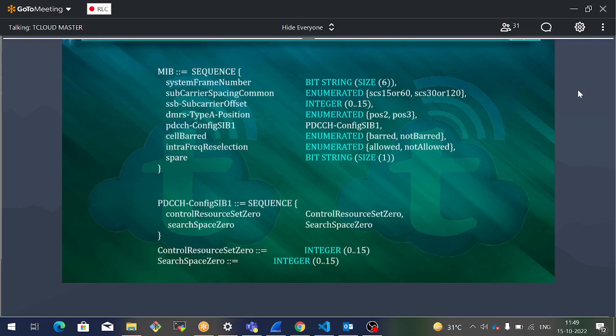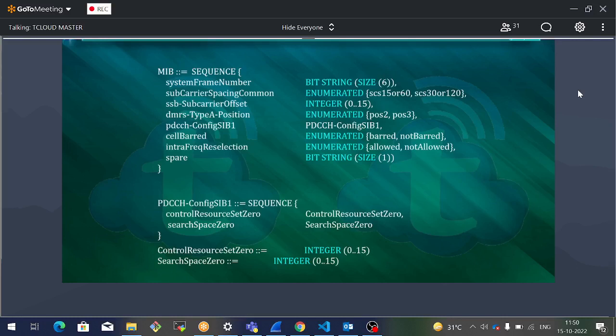If the second field is set, the mobile understands that it is 30 kilohertz. But if it is FR2, if the first field is received, the mobile understands that it is 60 kilohertz spacing. If the second field is received, it understands that it is 120 kilohertz.